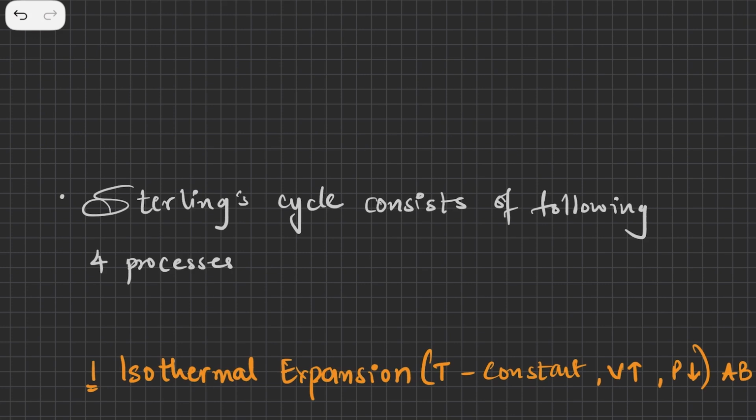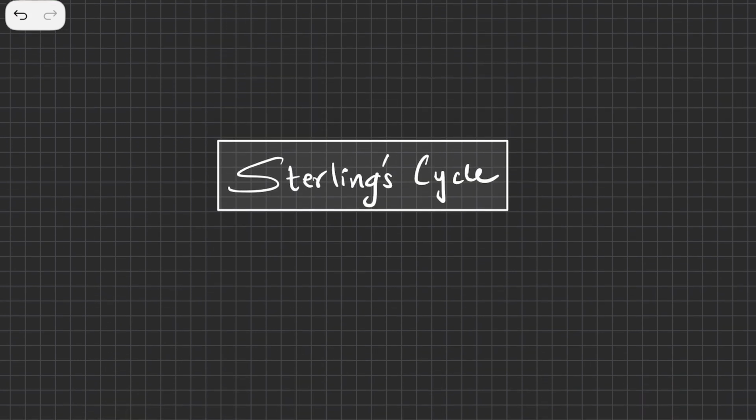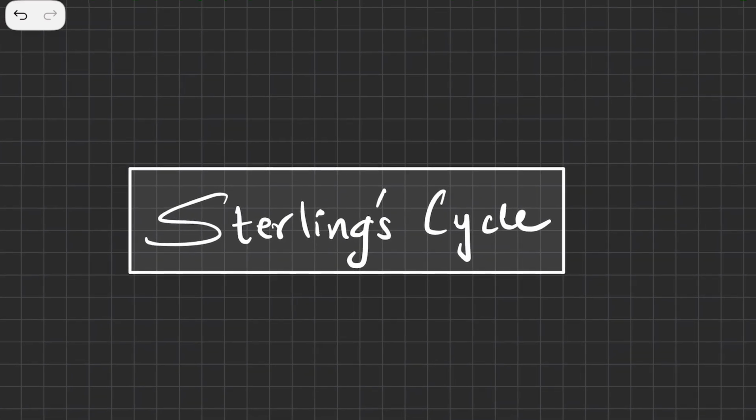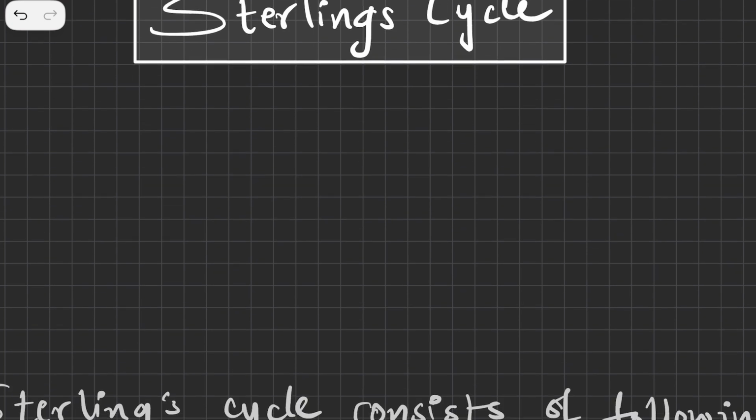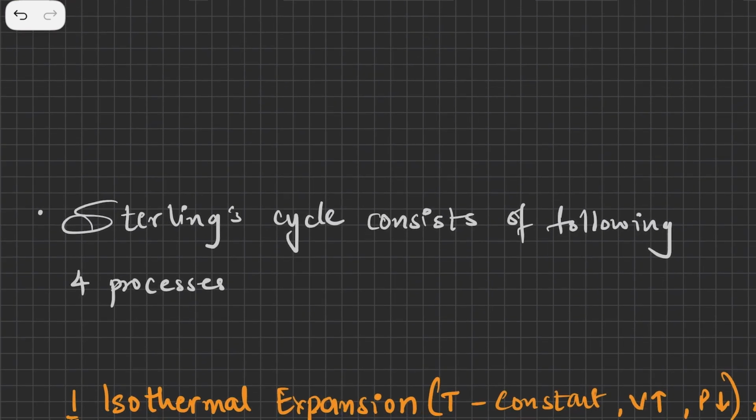In case you have not watched the Carnot cycle, the Carnot engine, I would highly request you to visit that video and have a look at it. Understanding Stirling cycles would be much easier if you have been through the Carnot cycle. Now let's quickly start.